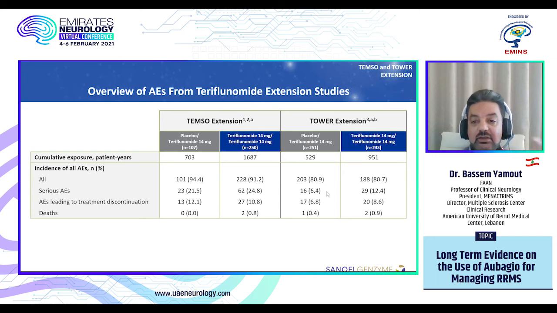So if you put them together, there is not a very significant difference between the placebo and the Aubagio arms, and the same for this. So even in the long-term extension trials, we didn't see any new alarming sign of a new adverse event, or a serious infection, or opportunistic infections, or PML, and actually the numbers were still similar to placebo.